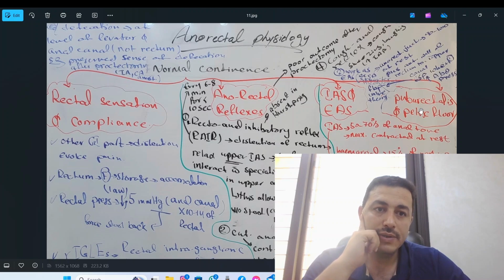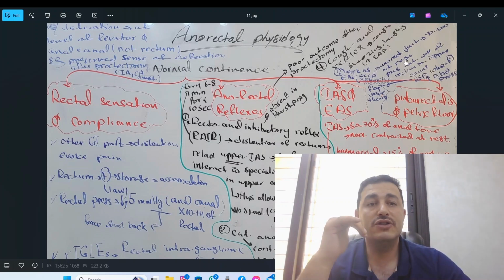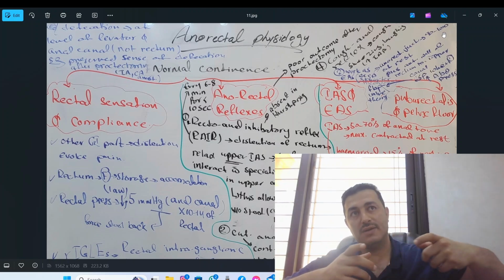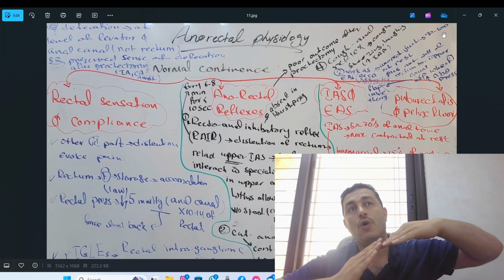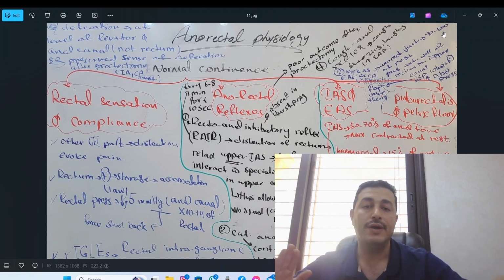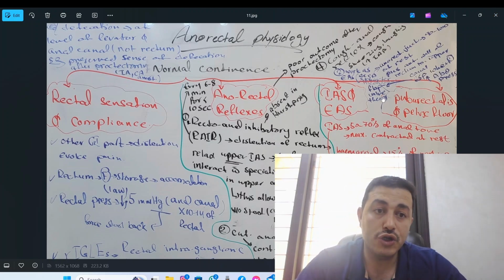What else we want to add? As we said, the anorectal angle is about 90 to 100 degrees at rest. Relaxing the puborectalis widens the angle and makes it more straight for defecation.